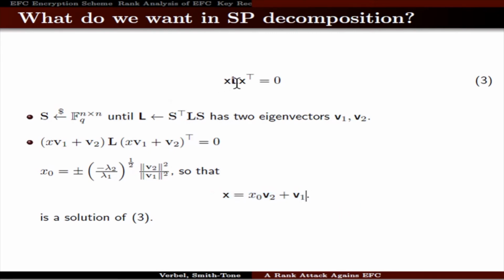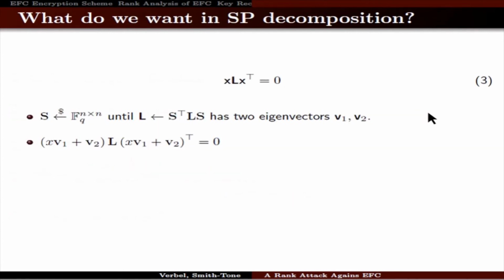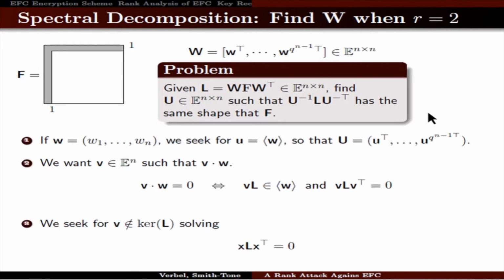Then by step 2, and then by step 1 of the previous slide, we compute a solution to our problem. And then we take this matrix as the W for the step of the Minrank attack.